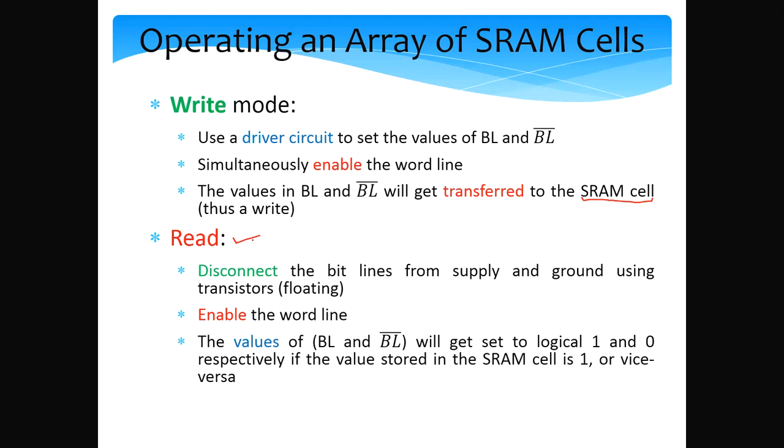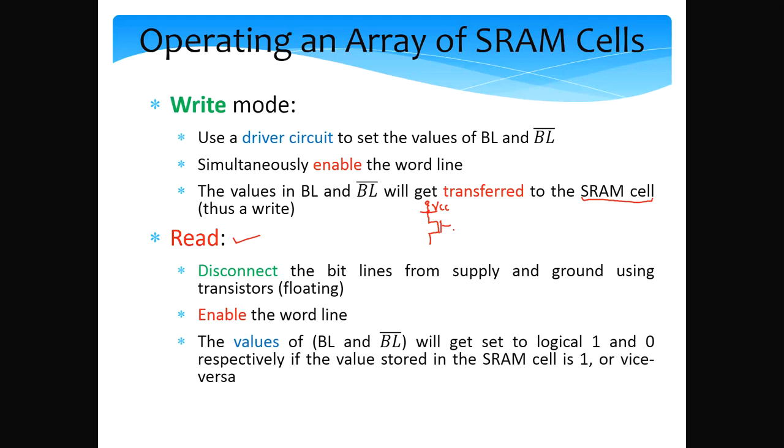In the case of a read, the first step is to disconnect the bit lines from the supply voltage and from ground using transistors. So basically we can have a circuit of this type where this is the supply voltage, VCC, and we'll have a transistor.